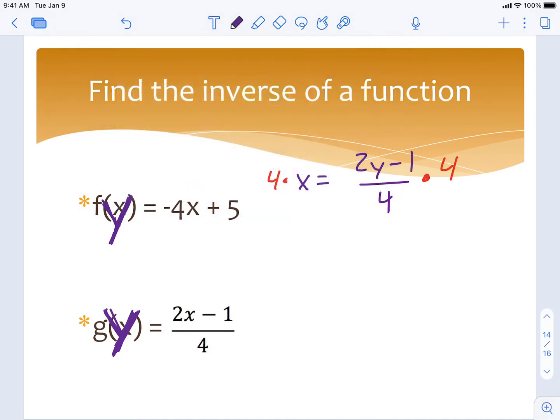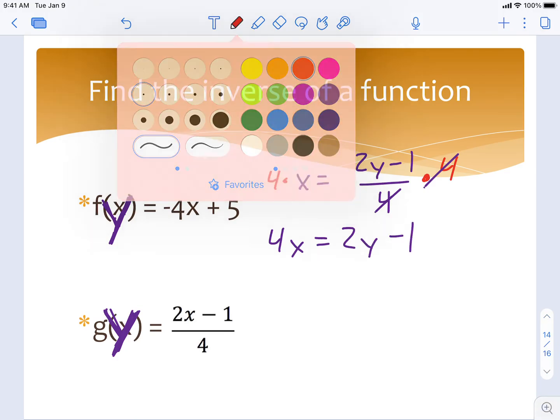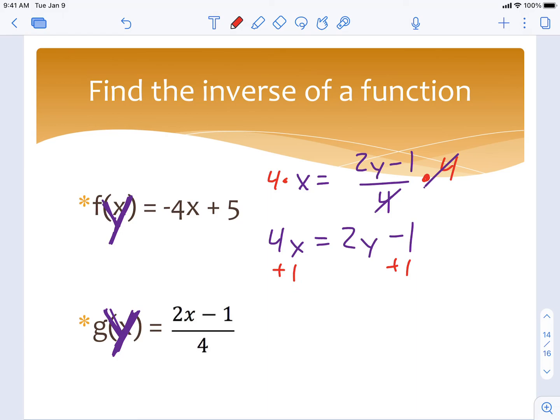That will cancel out the 4 from the denominator. So now we have 4x equals 2y minus 1.